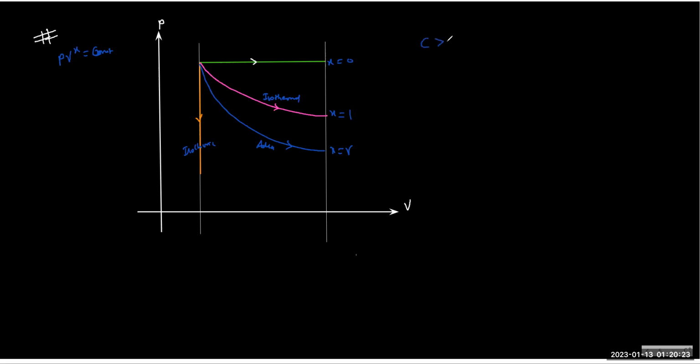So C is positive when X belongs to minus infinity to 1, union gamma to infinity. It should be beyond gamma or before 1, right?